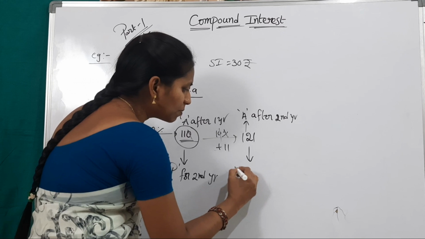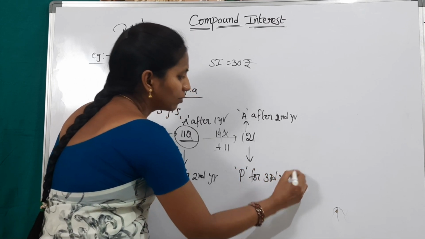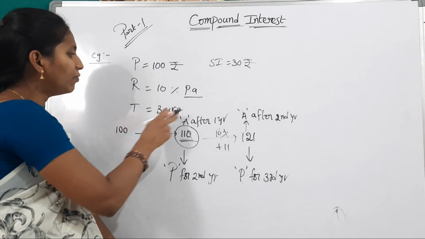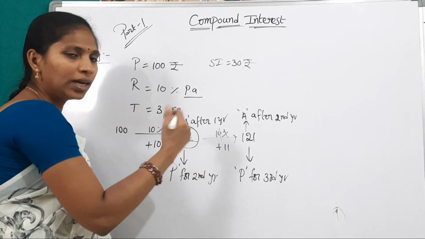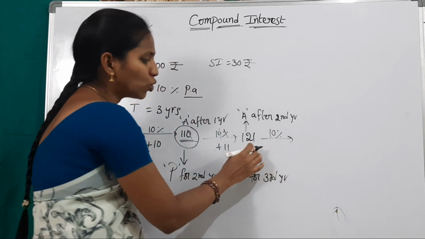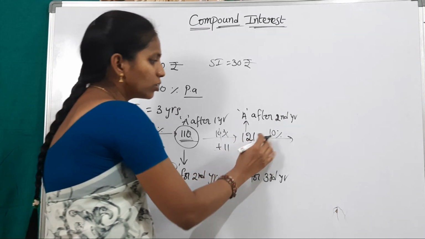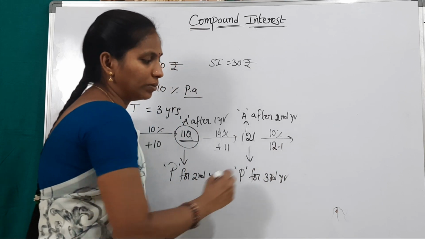Next, this is the principal for the third year. Here, we calculate interest for 3 years. First year, second year, and now calculate once again 10% on this 121. So, 10% on 121 means 12.1.